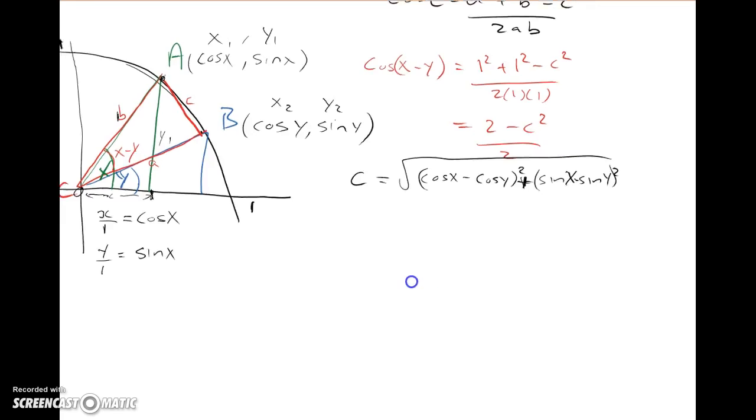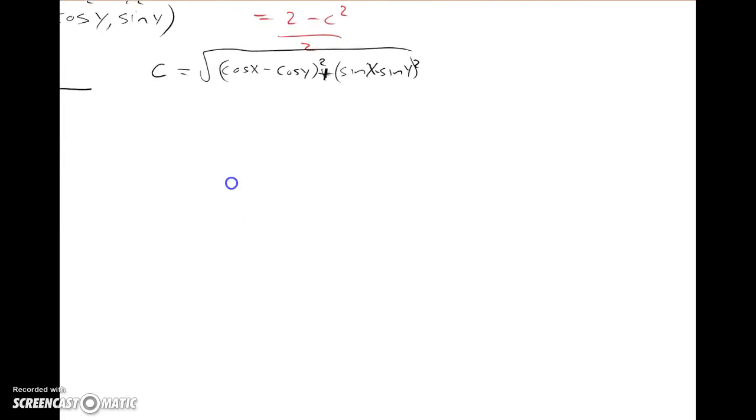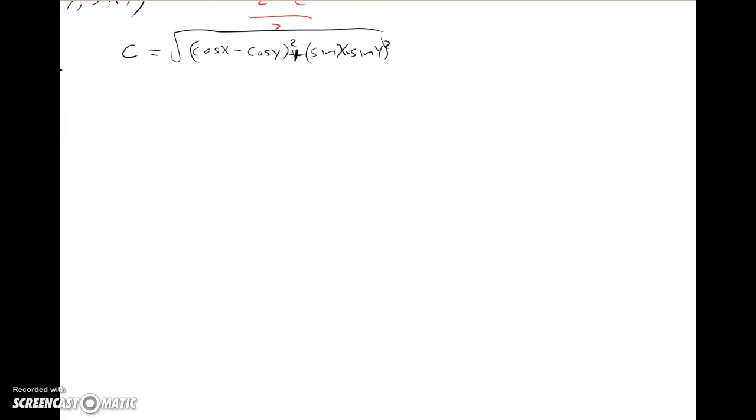So I'm going to move this over here for a little bit so we can work this out in space. So first of all, I'm going to square both sides to get rid of my square root. So I get c squared is equal to cos x minus cos y all squared plus sin x minus sin y all squared. Now I'm going to multiply out these two brackets.